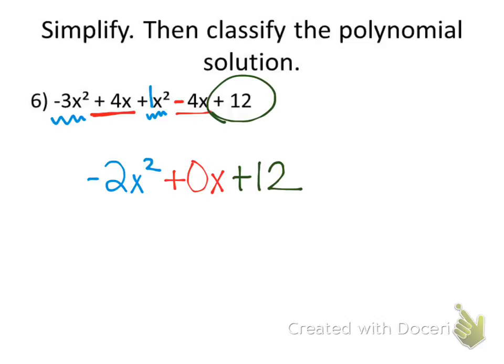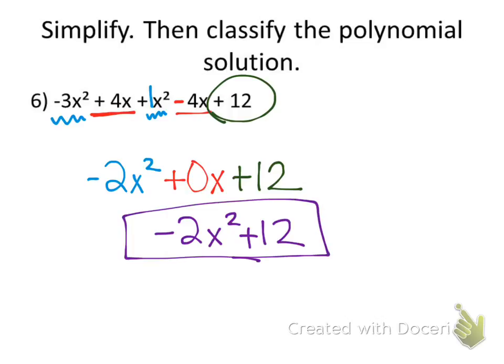Now, this answer is not wrong. It's just sloppy. What is written up there that is not necessary? The 0x. Adding 0 or adding a 0x means nothing. It's just taking up space in my answer. So get rid of it, okay? This is just negative 2x squared plus 12.